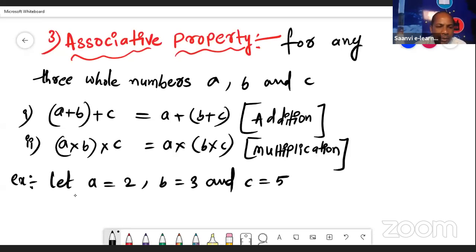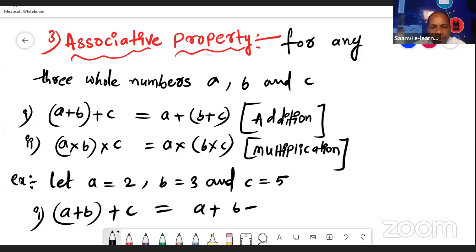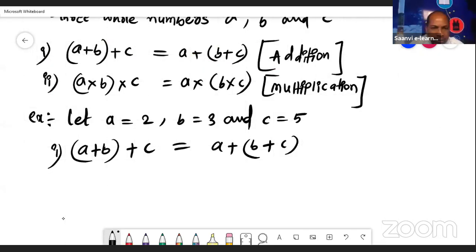Okay, so what is the condition for addition? (A + B) + C is equal to A + (B + C). Okay, this condition should be satisfied. Let us see whether this condition is satisfied or not.